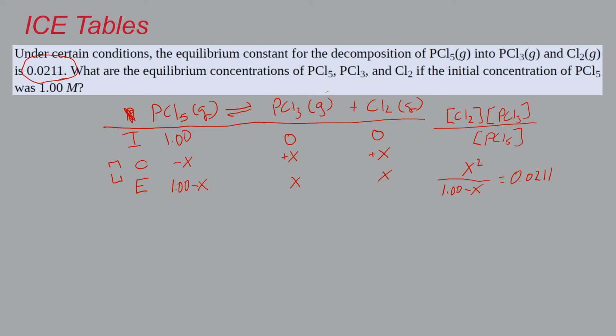If we rearrange this, I'm going to start working down here now. That equation could be rearranged in the form of x squared equals 0.0211 minus 0.0211x.